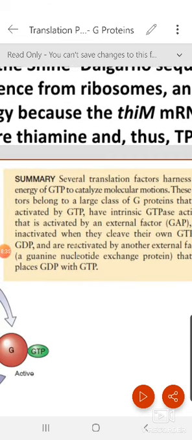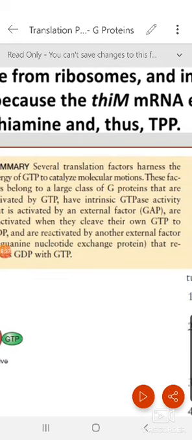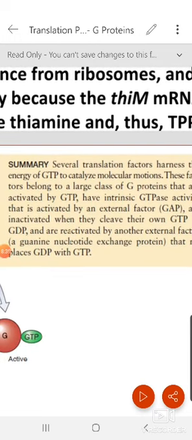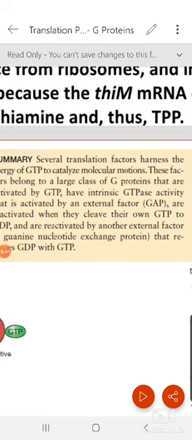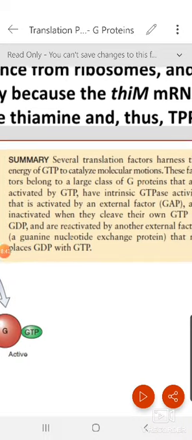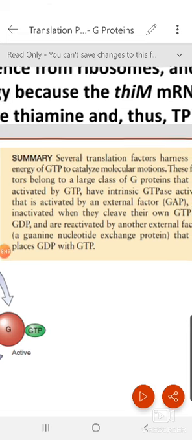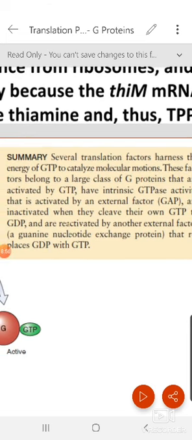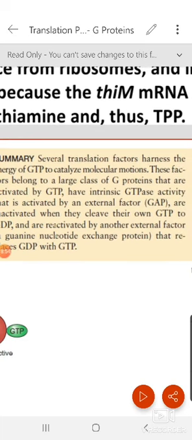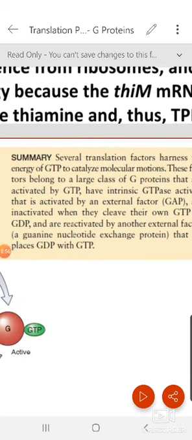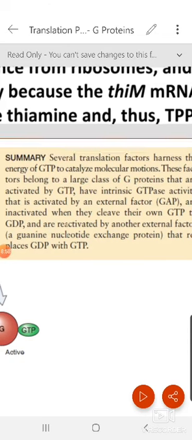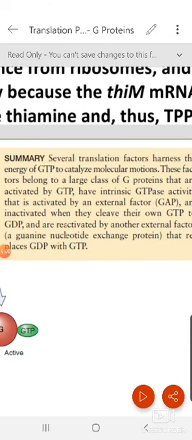These factors belong to a large class of G proteins that are activated by GTP, have intrinsic GTPase activity that is activated by an external factor, GAP, are inactivated when they cleave their GTP to GDP, and are reactivated by another external factor, GEF, the guanine nucleotide exchange factor. This we have studied from our third semester when we studied G proteins and exchange factors.